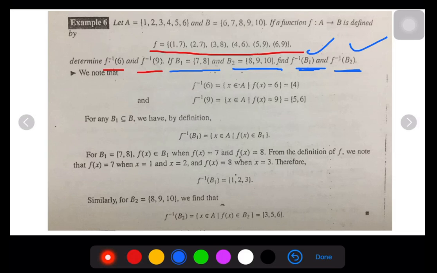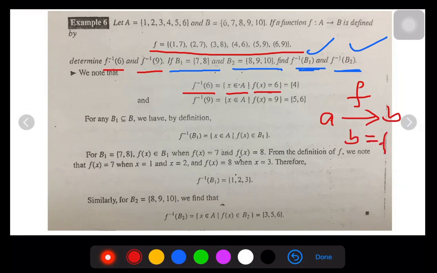So we will start with the first one, f inverse of x. As per the definition, f inverse of x is the set of elements x belonging to A such that f of x is 6. So how do you define a mapping? A is here, B is here. B can be written as f of A, correct? f inverse of B is written as A, fine?